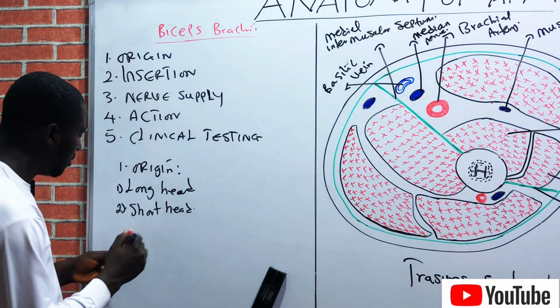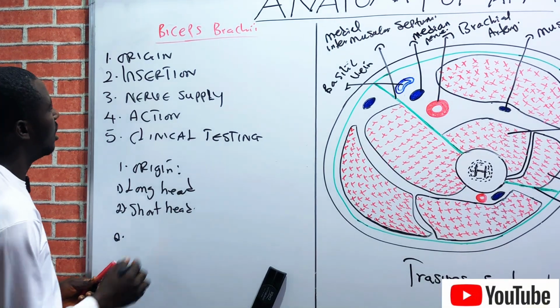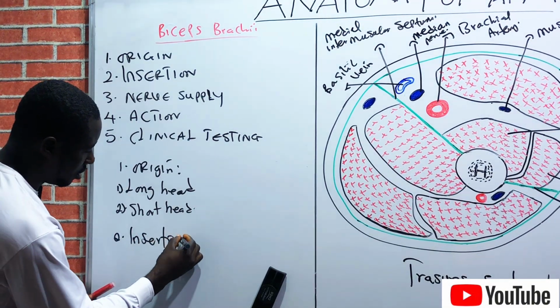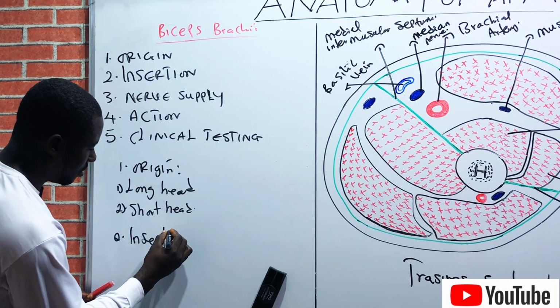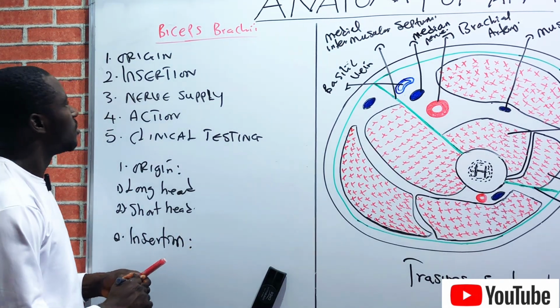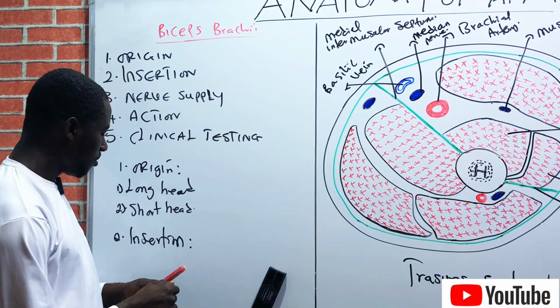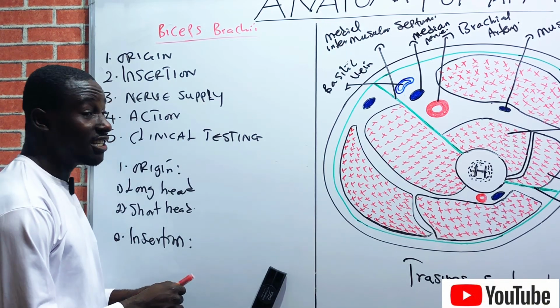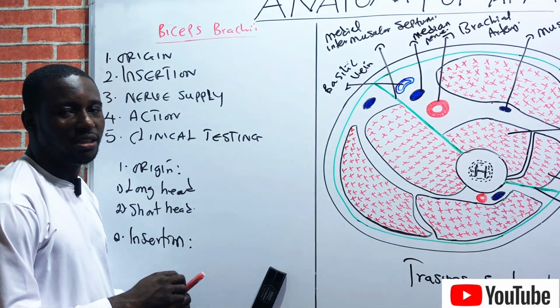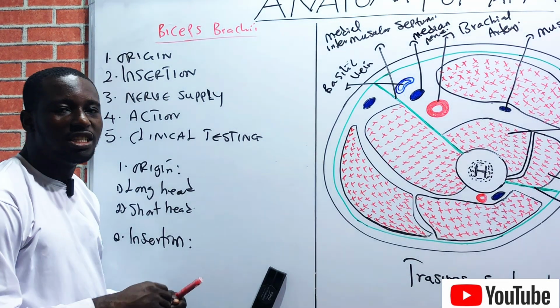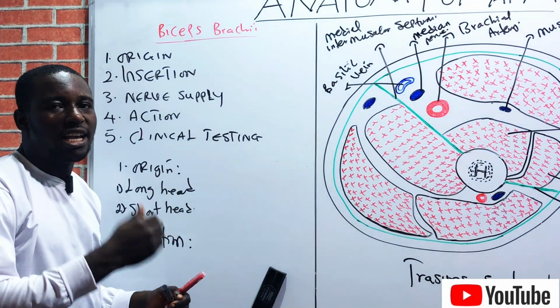Now let's go to the insertion. The biceps brachii is inserted, number one, at the posterior aspect of the radial tuberosity by its tendon.